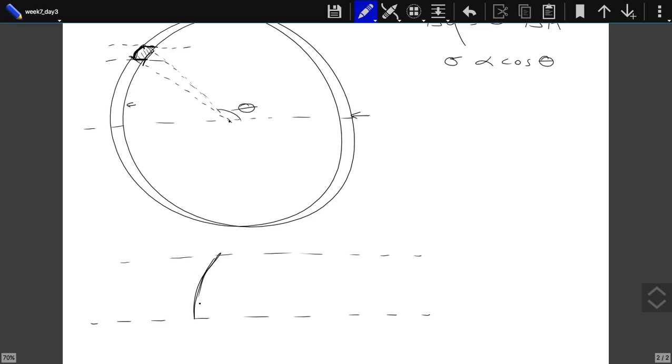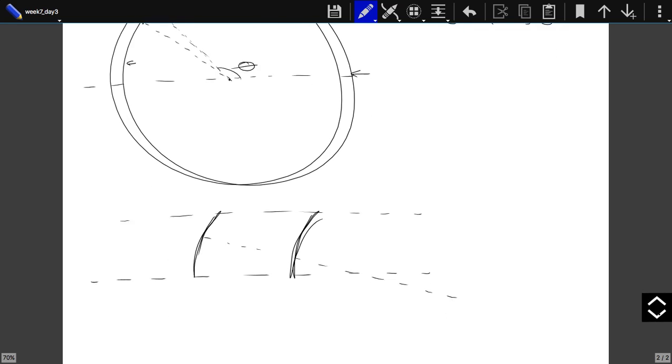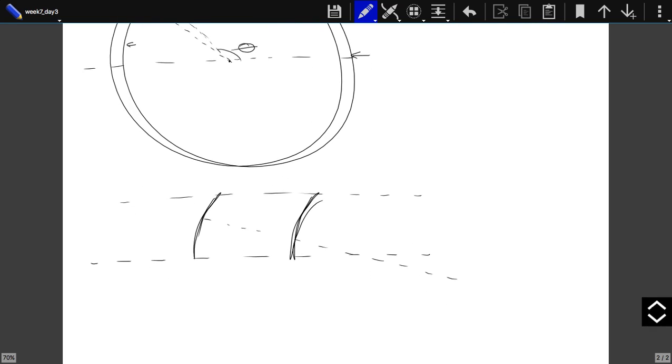I have such an area. And then I have this vector over here, which is normal to this one. And let's say this angle over here, let me call this angle phi. This angle is phi.